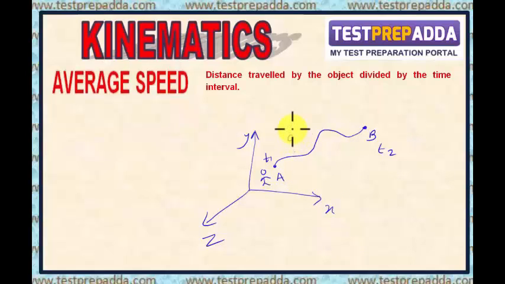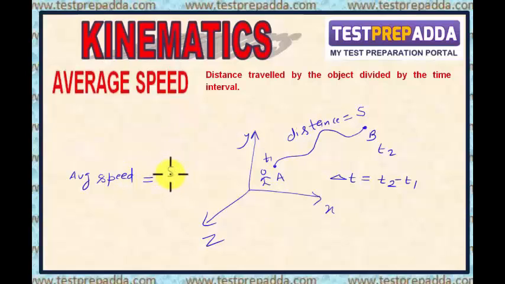The distance covered is S, and the time taken to cover this S distance is, the time interval is T2 minus T1. So, how will you define average speed? The average speed, as per the definition, will be written as S upon T2 minus T1.